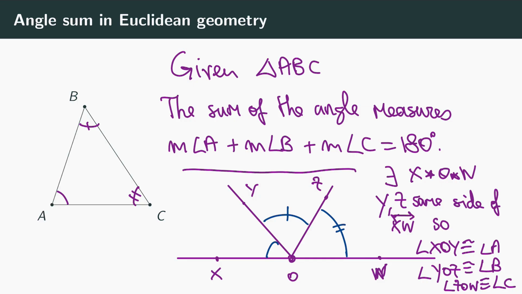Basically, we're saying they form a linear triple. Right, so the angles in A, B, and C are congruent to a linear triple.